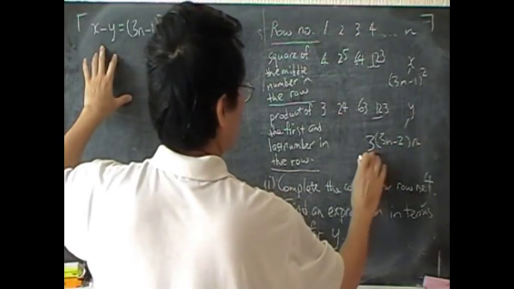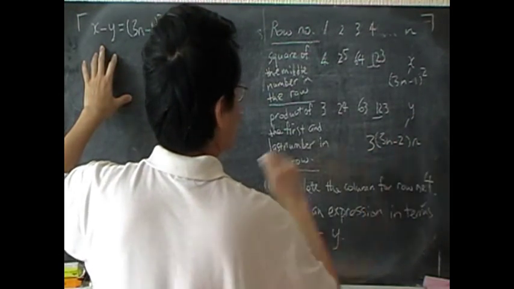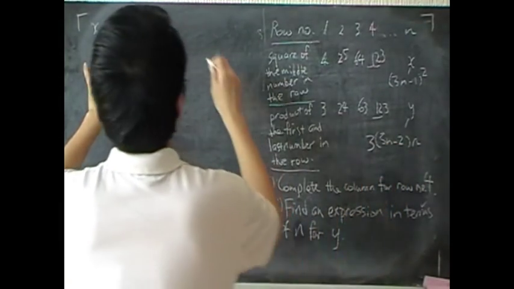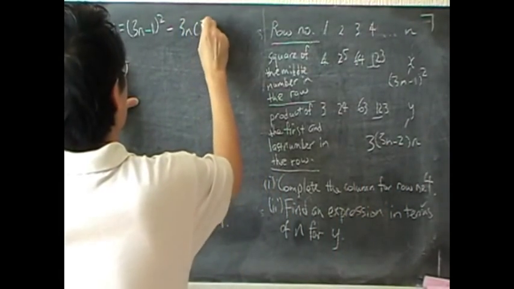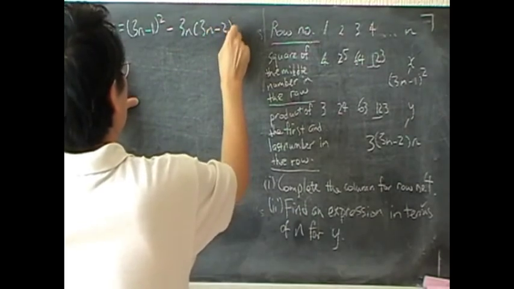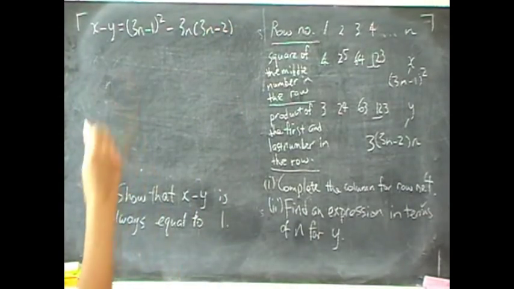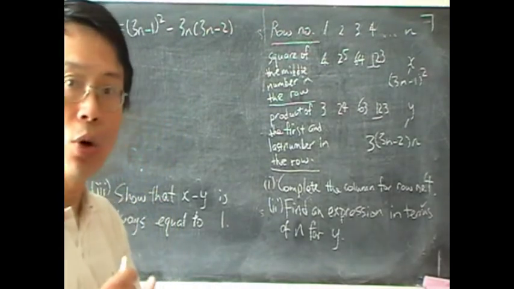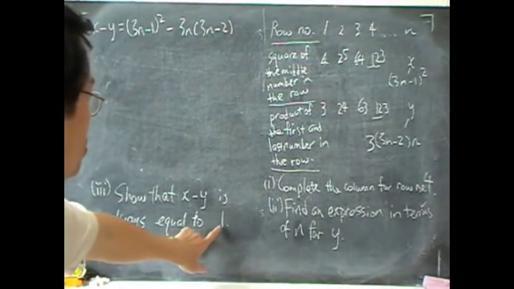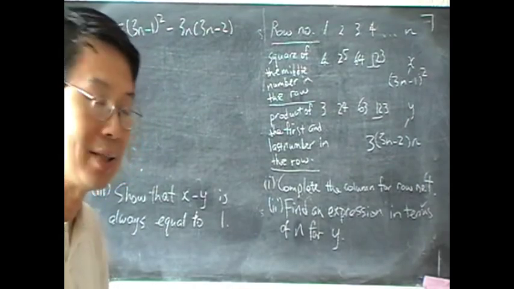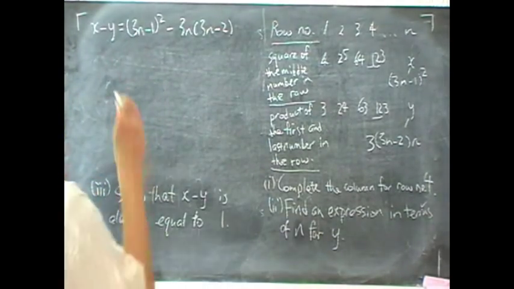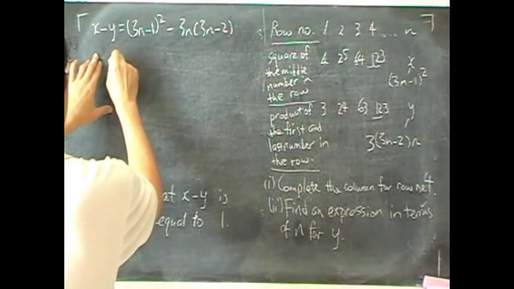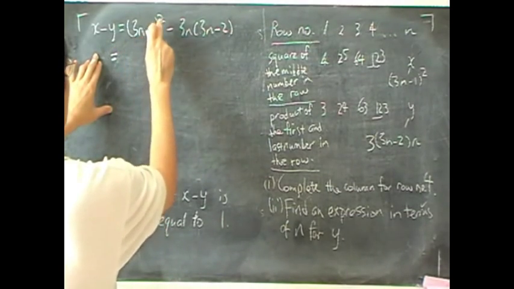And y I'll write as 3n times 3n minus 2, 3n bracket 3n minus 2. So we have an expression and we have to simplify it, and hopefully we will get 1 in the end. So let's start work on this. 3n minus 1 squared.